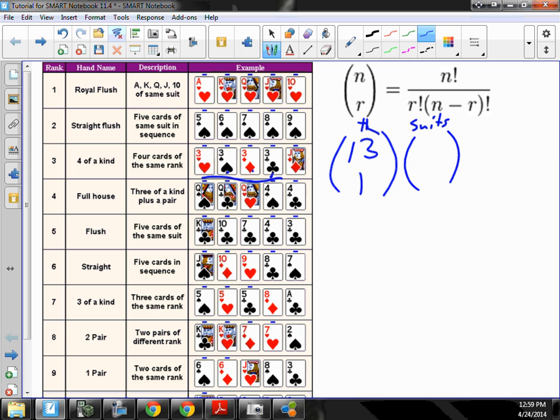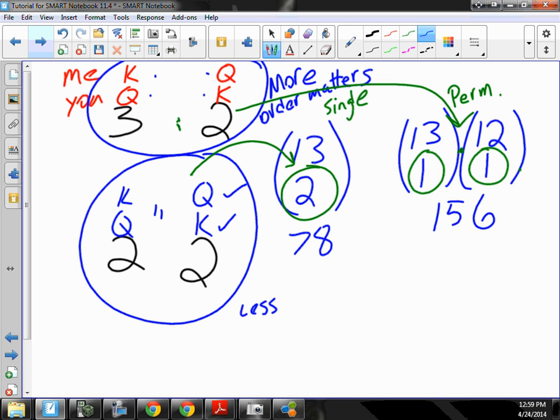Now, I have an important question. If I have all 3s, and I change the suits around, does that change my hand? No. So let's go back to what we learned before. If KQ and QK are equal, it's a combination, and we do the calculation all at once. So there are 2 options here.